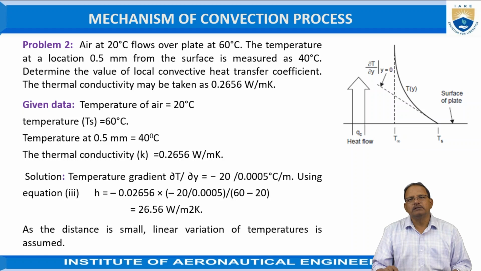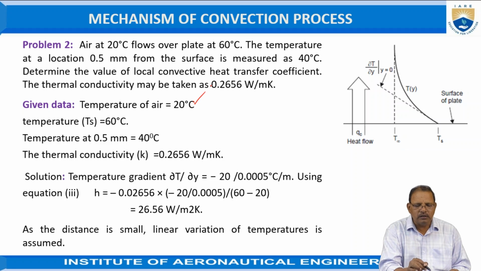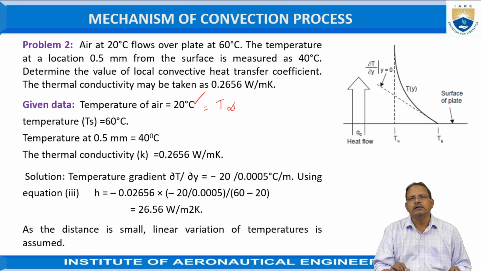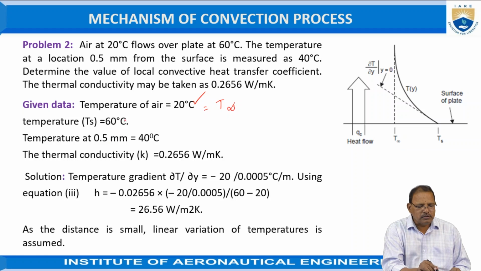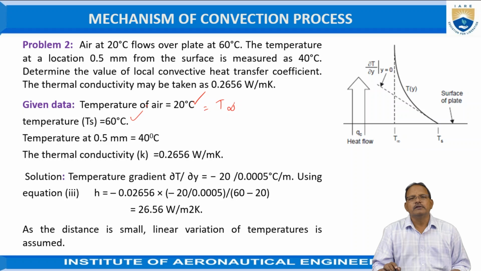So in this problem, the given data is the temperature of the air, that means before touching the surface of the hot fluid, is given 20 degree centigrade. Generally, it is represented as T alpha now. That is the atmospheric temperature or initial temperature now. The temperature of the plate is given Ts is equal to 60 degrees.